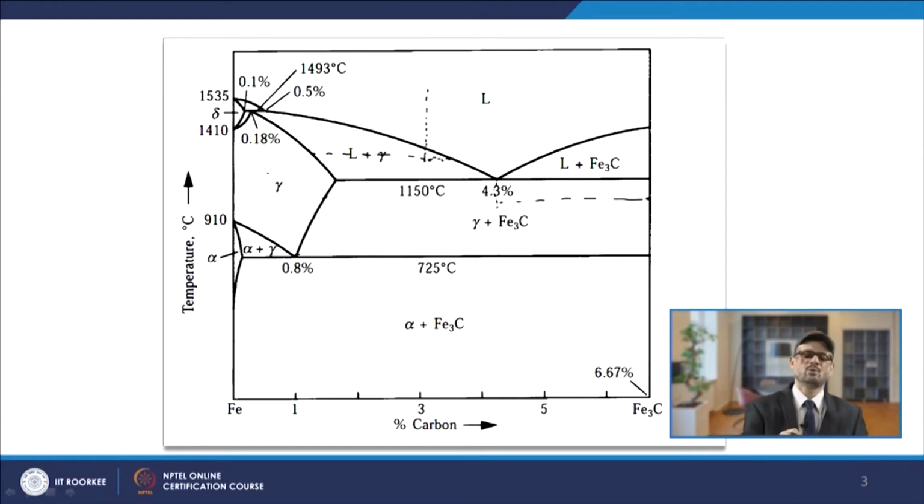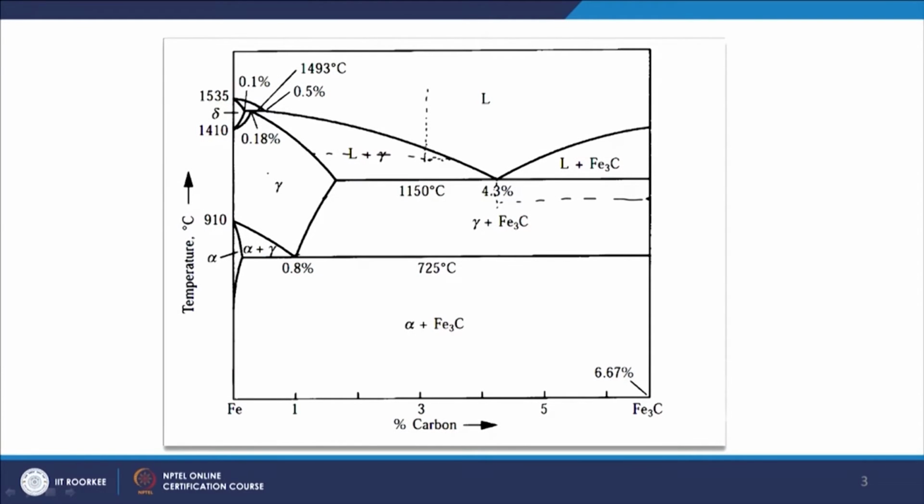So, in this iron carbon diagram, you will have different types of invariant reactions taking place. These are the three types of invariant reactions which we are seeing in this iron carbon phase diagram. And as discussed, depending upon the carbon percentage, you will have different usage of steel.